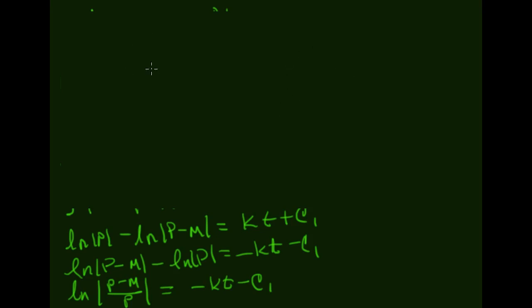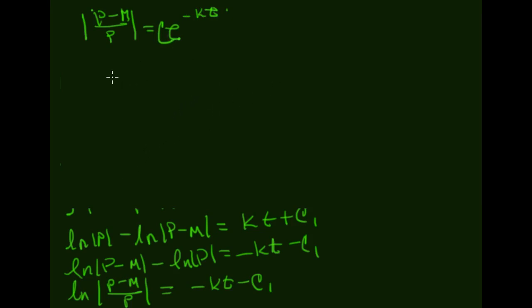Looking at that, I can take e of both sides. So this is going to give me the absolute value of p minus m over p is equal to e to the negative kt. And we can do the same trick we've played before, putting a constant in front of that.